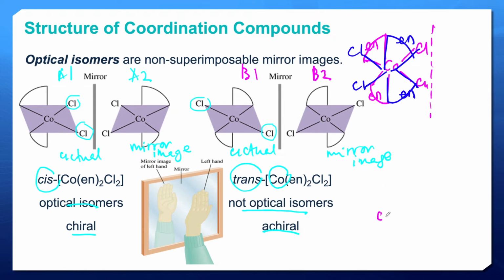I draw B1 first, and then we have Cl here and Cl here, and this is in the same plane, similar to B1.